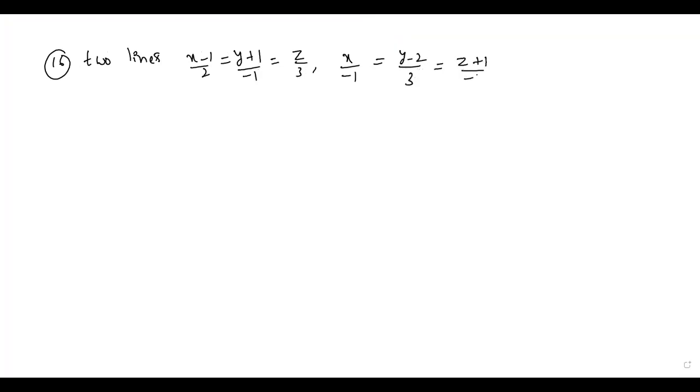Two lines: x minus 1 by 2 equal to y plus 1 by minus 1 equal to z by 3. Next, x by minus 1, y minus 2 by 3, z plus 1 by minus 1.